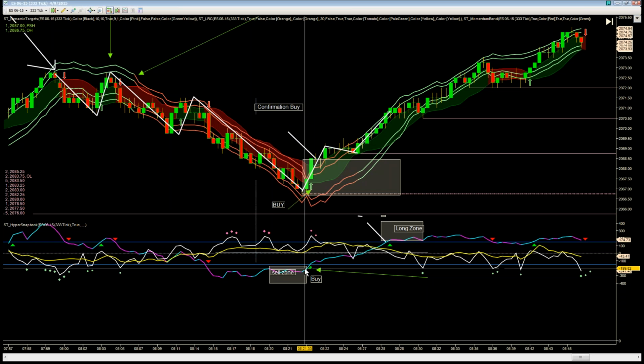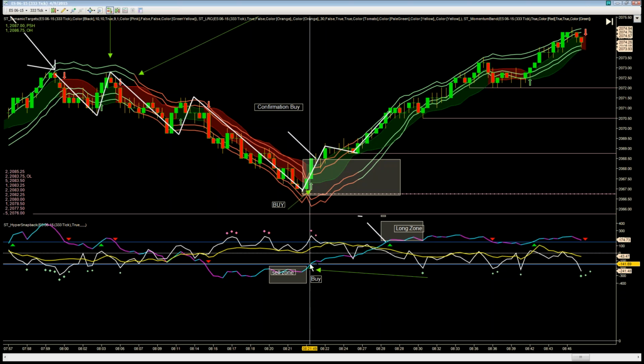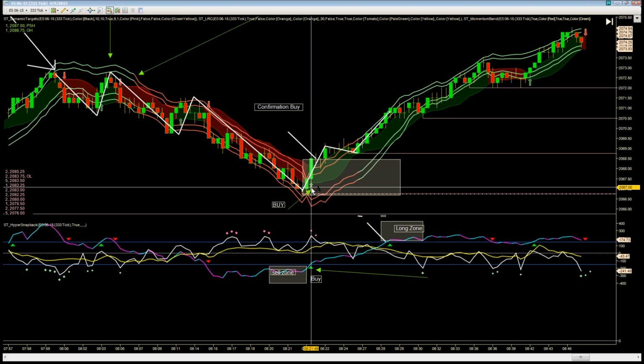So as price comes out, this is a valid buy signal, but it's not confirmed yet. Now you have a valid confirmation on our trend study.